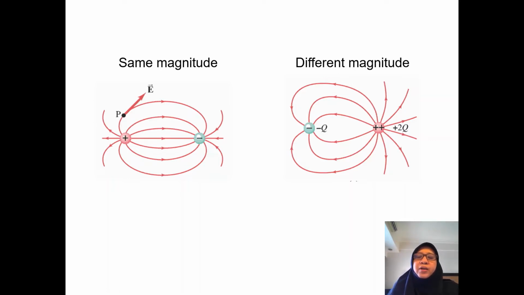You see that the lines here look crowded, right? That means the electric field here is larger compared to the electric field on this side.